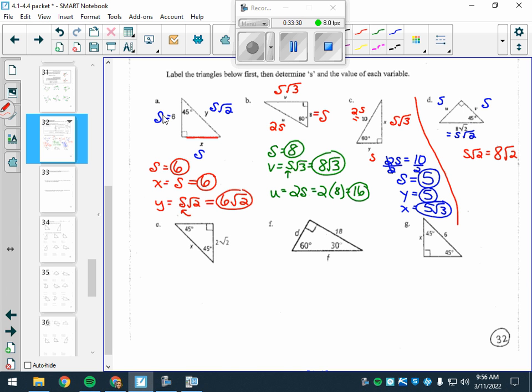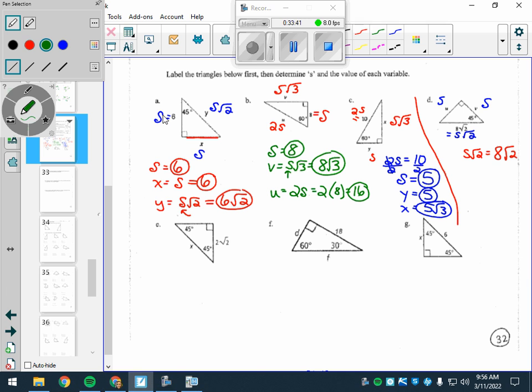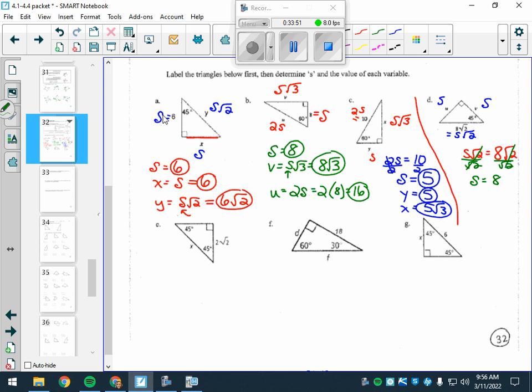Not subtraction. Only subtract if there's an adding. This is not adding. Yeah, we're going to divide. We're going to divide by the square root of 2. Technically, that's what we're doing here. Divide by the square root of 2 on both sides. Well, guess what? They cancel on both sides. So s just equals 8. Which makes sense, right?